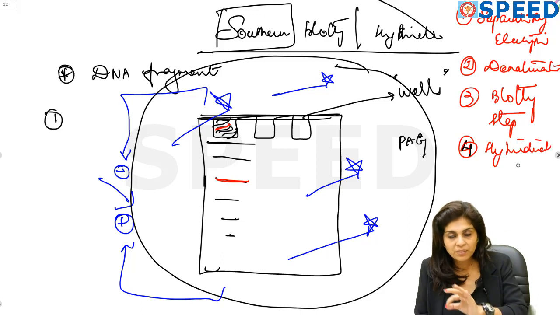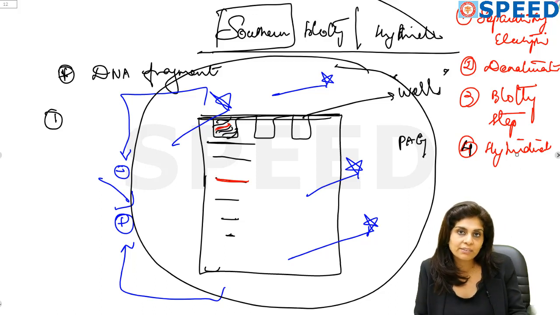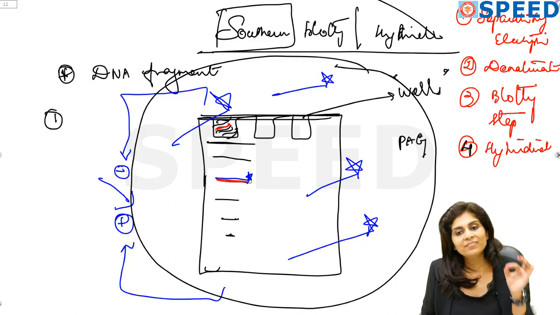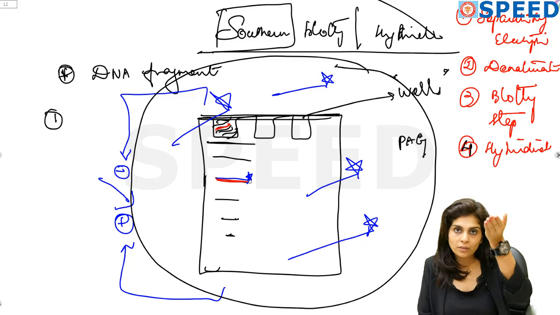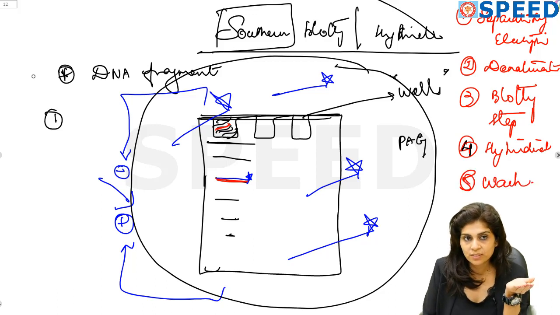Because in this step, the radio-labeled probe is allowed to hybridize with the unknown DNA fragment. So we know this radio-labeled probe will go and hybridize with the third fragment, third band. So you give enough time for this hybridization to happen. Then you take out the paper and you wash it to remove all unbound probes.